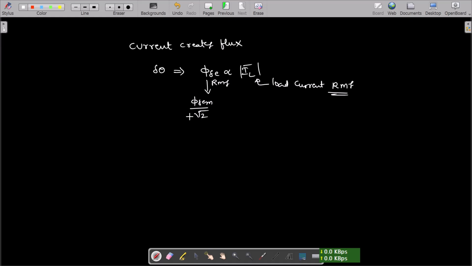So basically we have two fluxes in an energy meter. One flux is produced by the shunt magnet, which we call phi SH, a time varying flux.